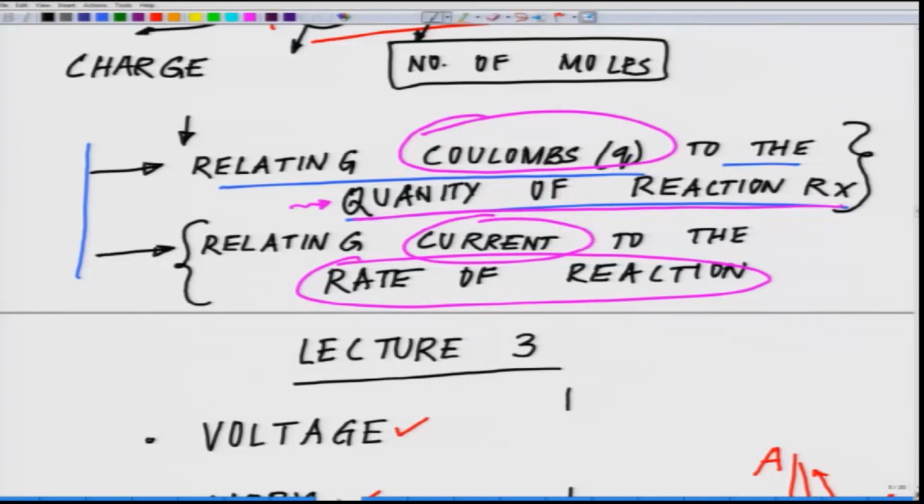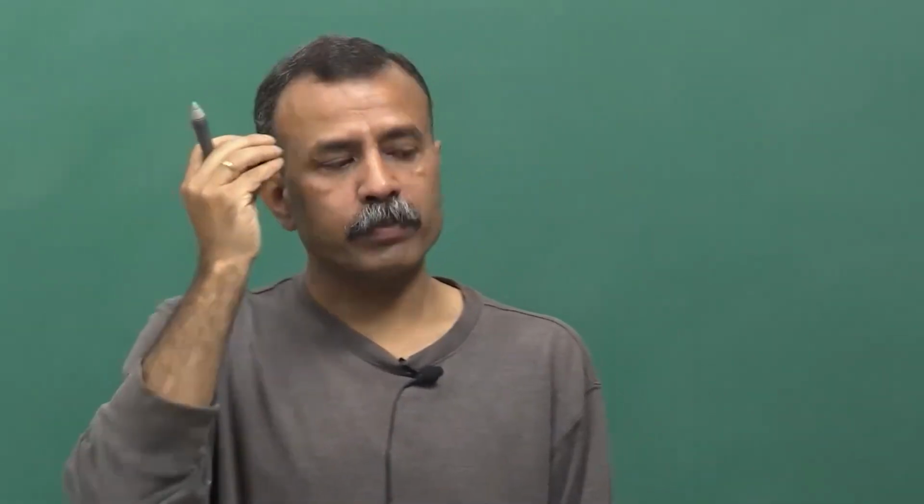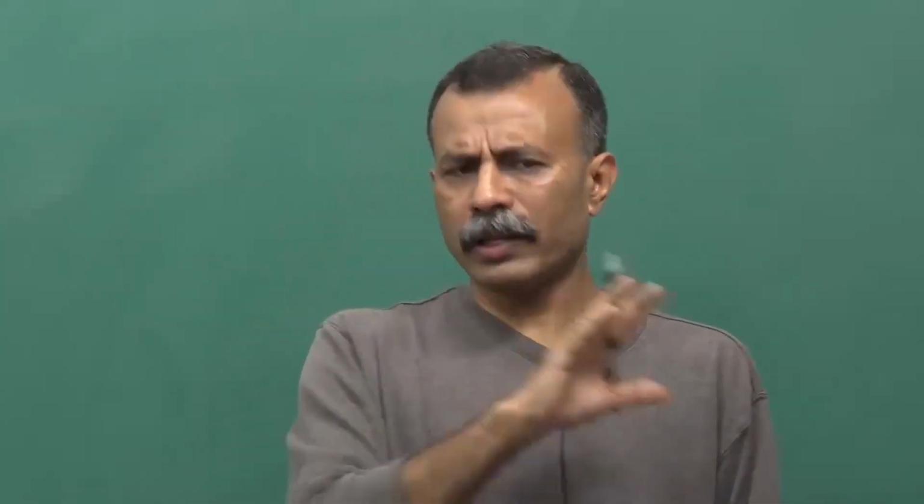So, these two fundamental things are of extreme value, and a complete understanding of this basic concept is what I expect you to have once and for all. These are just the basic concepts. If you know these concepts, you can derive anything.